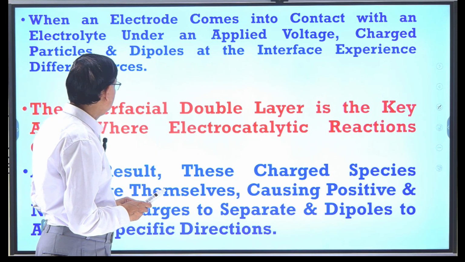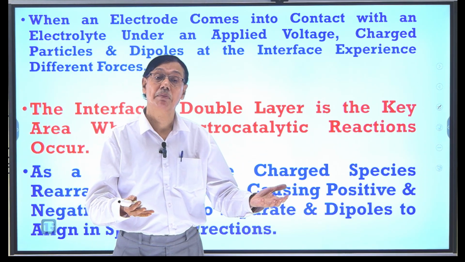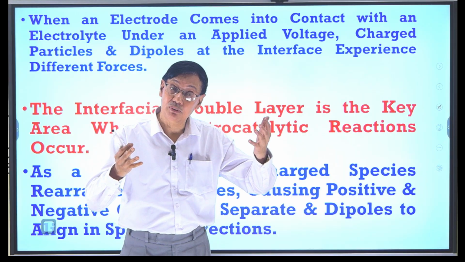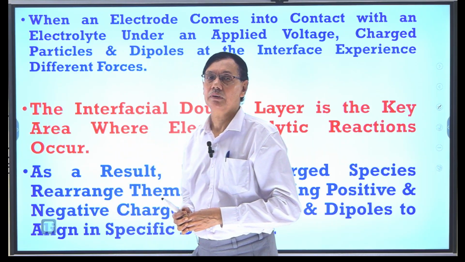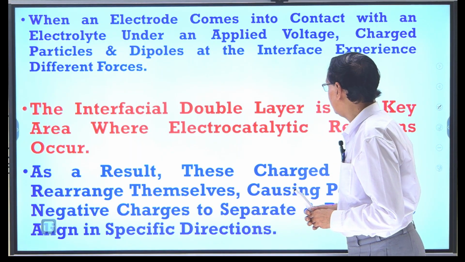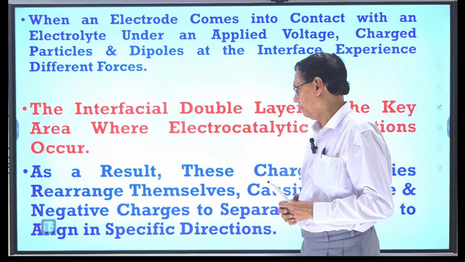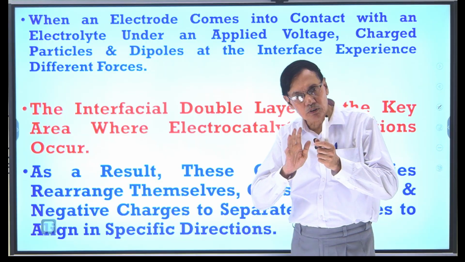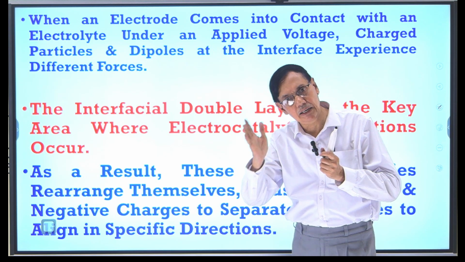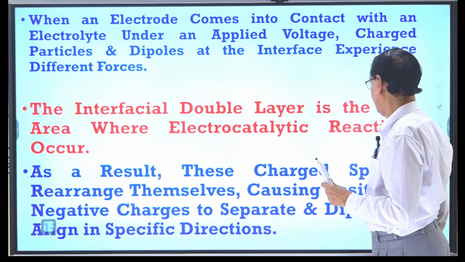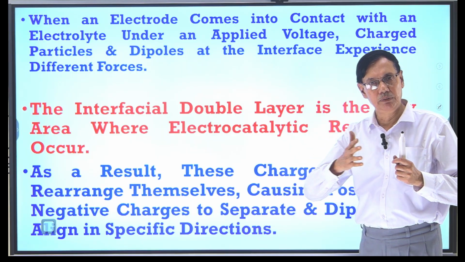So charged particles and dipoles at the interface experience different forces. And we have to calculate those forces. What about these different types of forces? And this interfacial double layer is the key area where electrocatalytic reactions occur. And as a result of these different forces between the electrode surface and electrolytes under this applied voltage, the charged species rearrange.